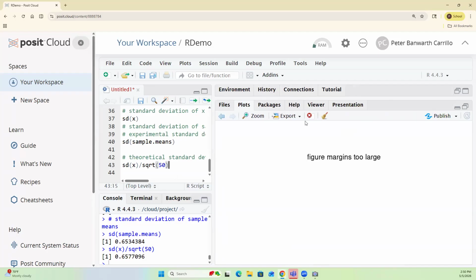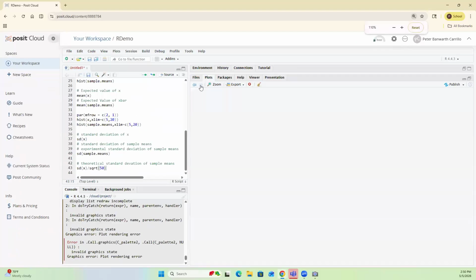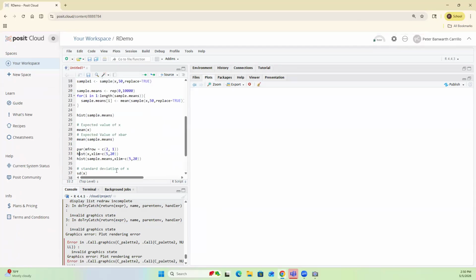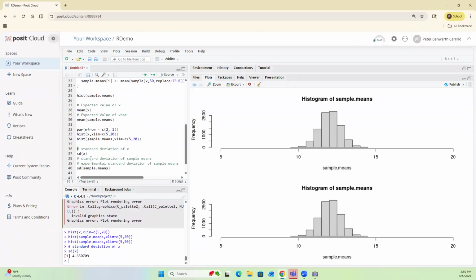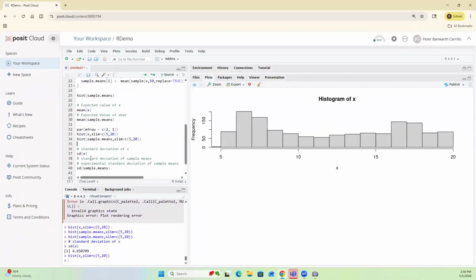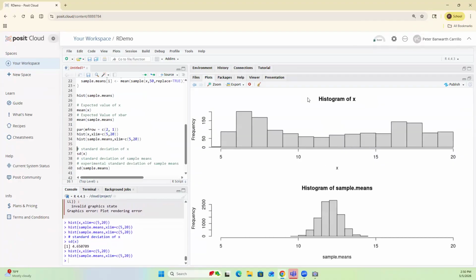So again, that's the main point I want to make. Let's see if I can get the picture back. Still zoomed in too much. I'm going to have to graph it again. The main point I want to make with this demonstration here is that your random variable can be spread out however.